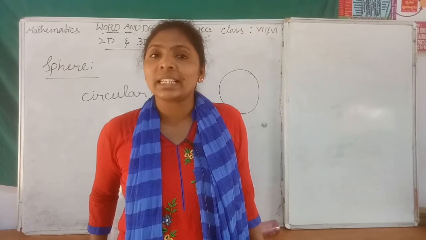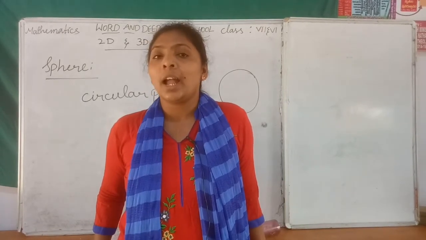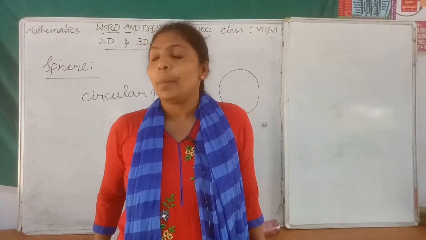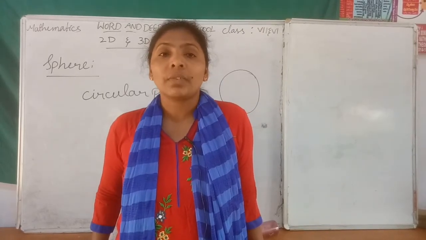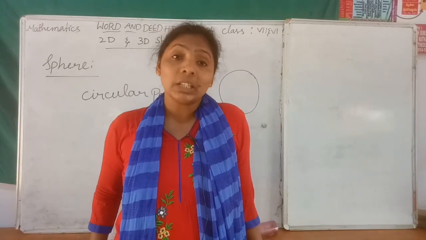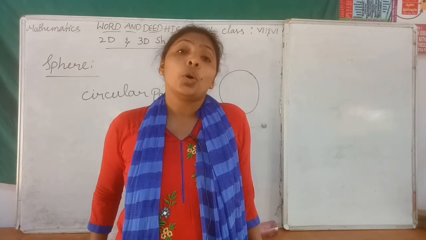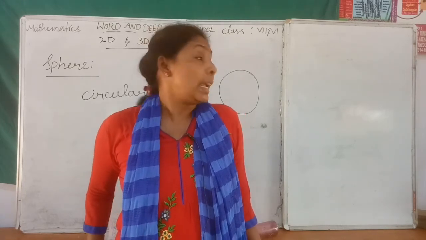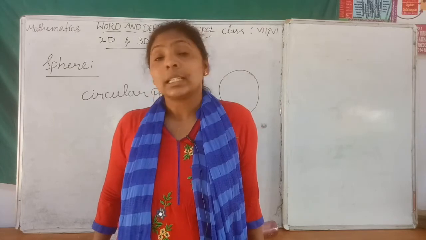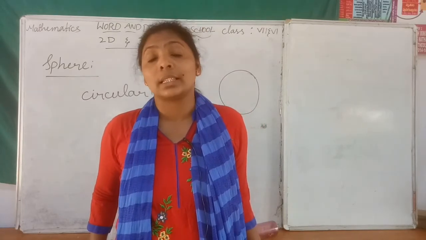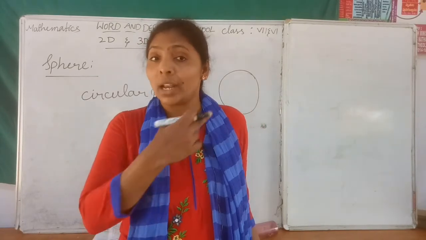We discussed the cuboid, children. How many edges? 12 edges. How many faces? 6 faces. How many vertices? 8 vertices. The cube is also the same, children. Next, we have discussed the cylinder, sphere and cone also. I hope you understand, children.